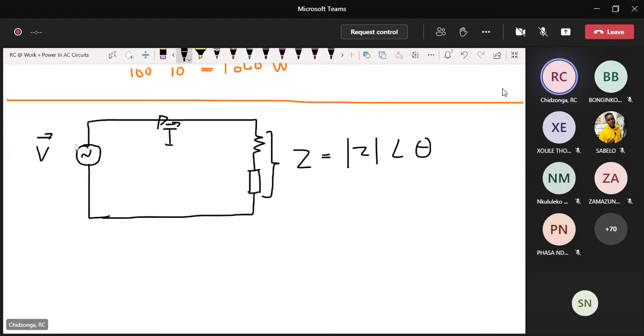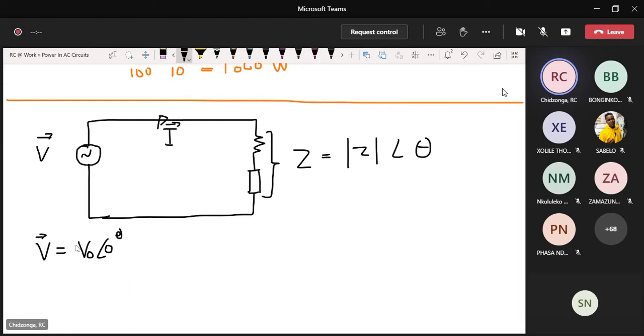Now, the point I want you to be clear about, in most cases, when we talk about phasors, for example, if I want to express this voltage here in terms of its phasor, the strictly correct thing is to express this quantity here as the peak value.